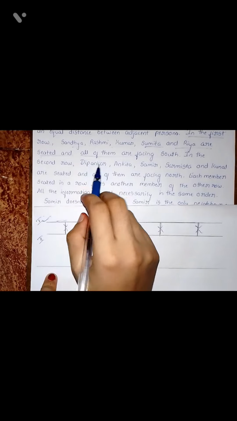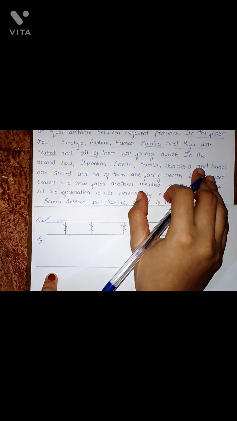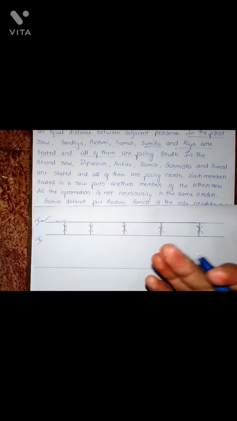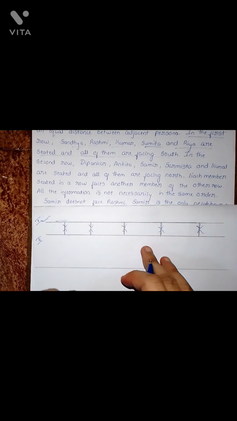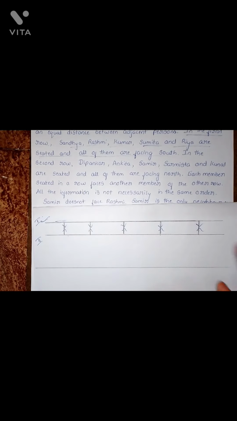But here they have given names, so you have to represent them in some other way, because it is very difficult to remember these 10 names and whether they sit in the first row or second row. With ABCD or PQRS you can easily remember which row they sit in. But here they are given names.